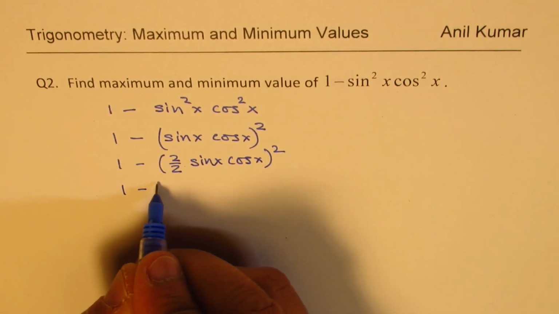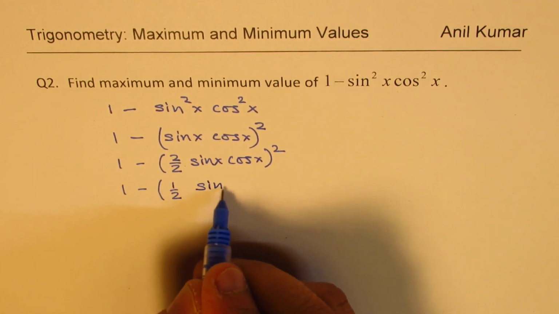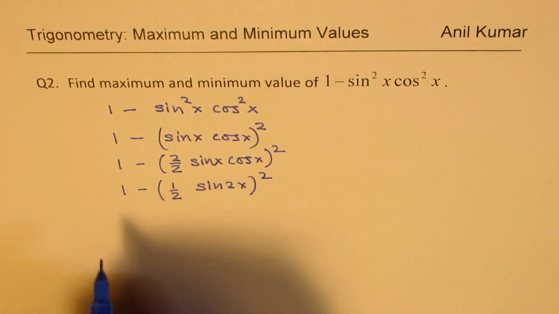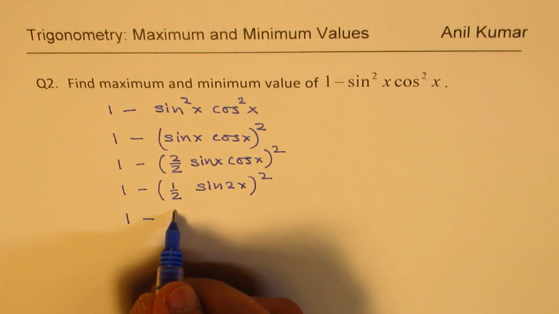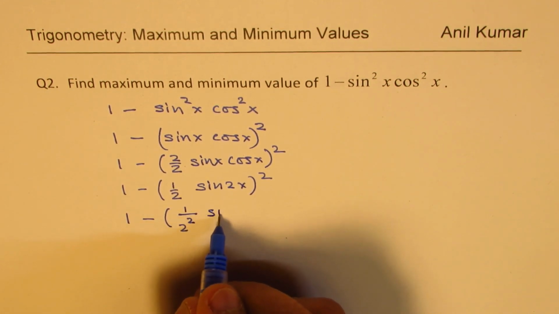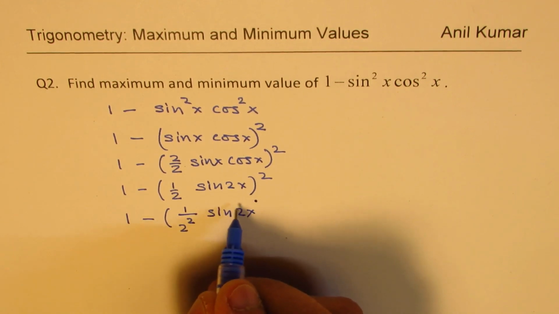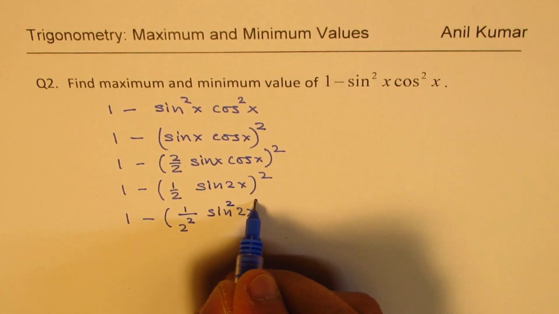So that is 1 minus half, right? And that becomes sine 2x whole square. Or it becomes 1 minus 1 over 2 to the power of 2, sine 2x. I could write this as like this.